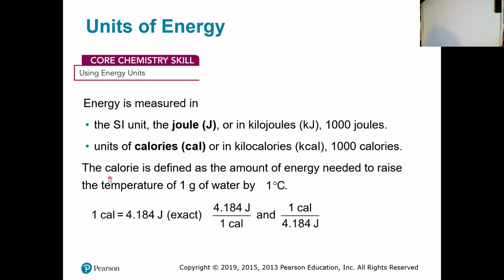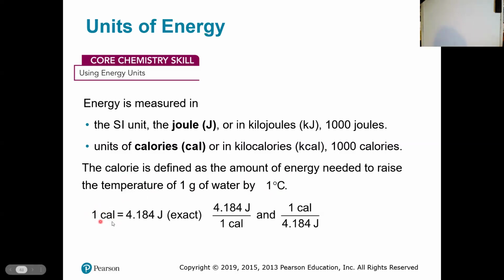The definition of a calorie comes from the amount of energy we would need to raise the temperature of exactly 1 gram of water by 1 degree Celsius. So 1 calorie of energy is enough to raise 1 gram of water by 1 degree Celsius. That's where the calorie comes from.